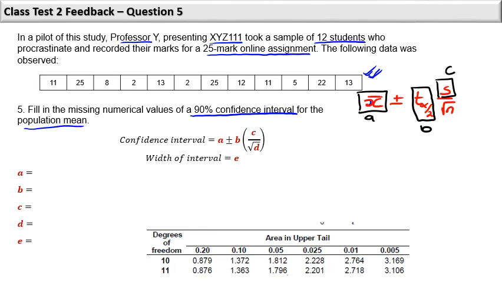And the common mistake that I've seen in your tests is that you went and evaluated the square root, but all they are looking for is the contents of the square root, and it's the n.